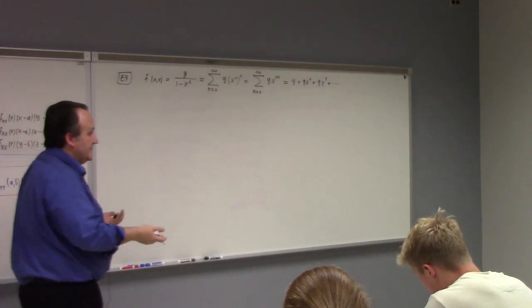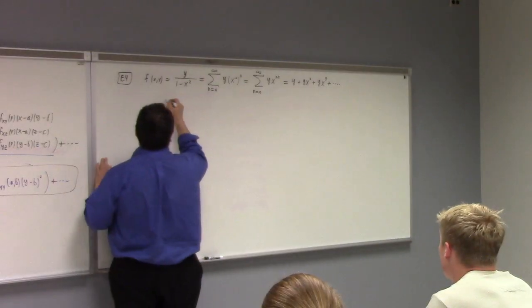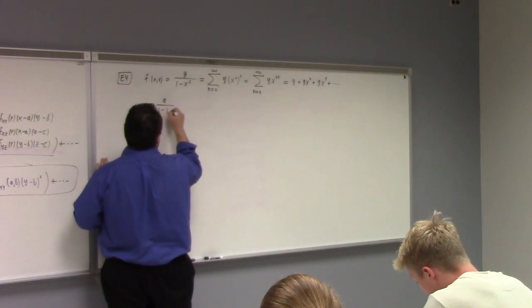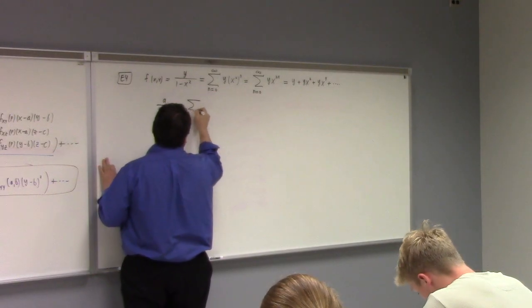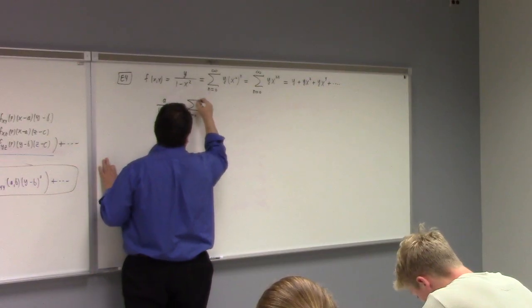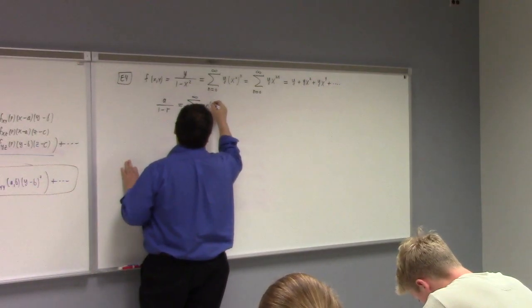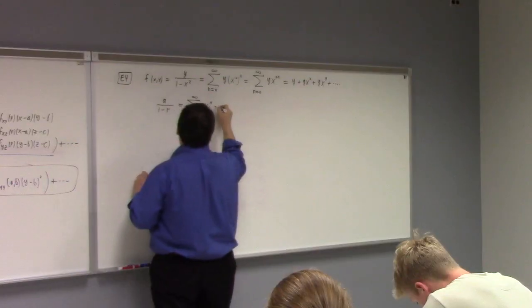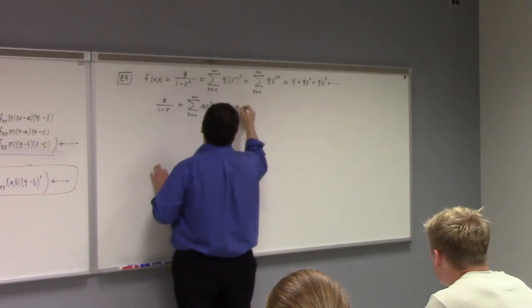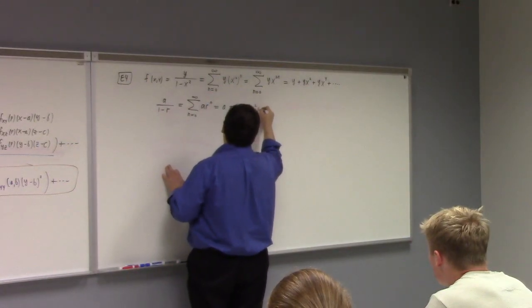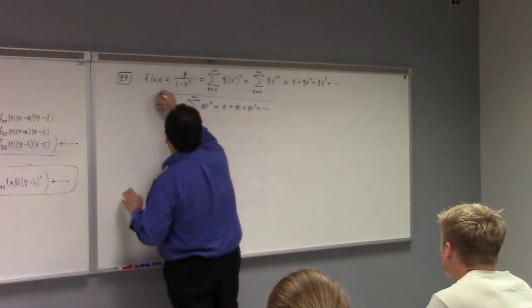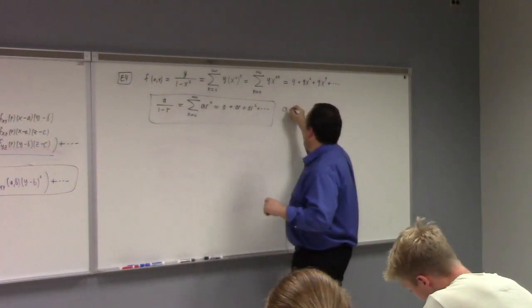Do you guys remember the geometric series? I'll remind you, in case you forgot. A over 1 minus r is equal to the sum, n equals 0 to infinity, of a r to the n. This is the geometric series. Of course, that's a plus a r squared plus and so on, explicitly. When does it hold?